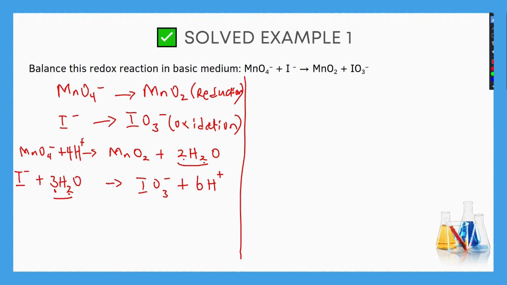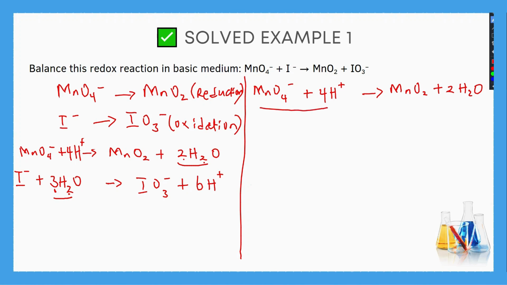Now, when they say balance charges using electrons, for the first half, which is our reduction half, we have MnO4 minus plus 4H plus, giving us MnO2 plus 2H2O. So now let's calculate the charges on the left-hand side and on the right-hand side and see where we need to add electrons.